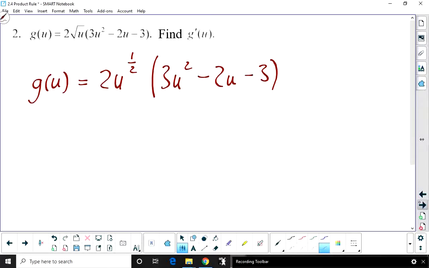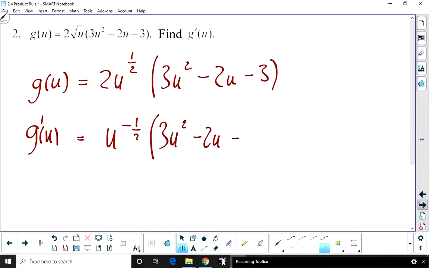You'd multiply that term through, right? But we're going to use the product rule because we're learning about it. So g prime of u will be equal to u to the negative half times 3u squared minus 2u minus 3 plus 2u to the half times 6u minus 2.